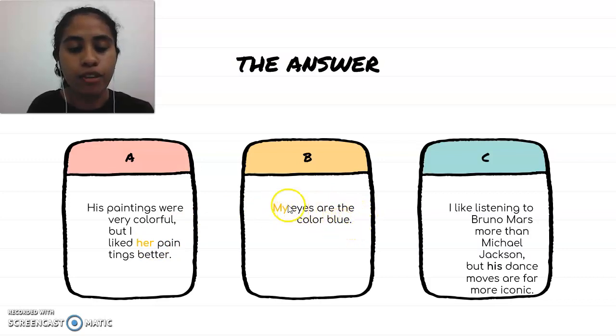So here, the possessive pronoun is mine. And the last is, I like listening to Bruno Mars more than Michael Jackson, but his dance moves are far more iconic. So his here is a possessive pronoun.